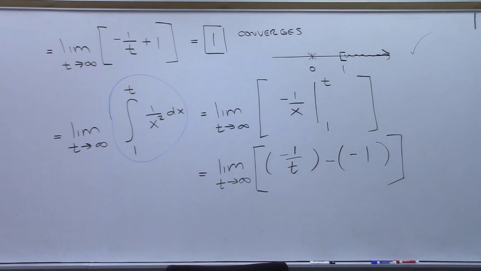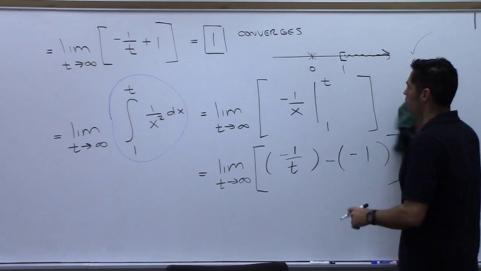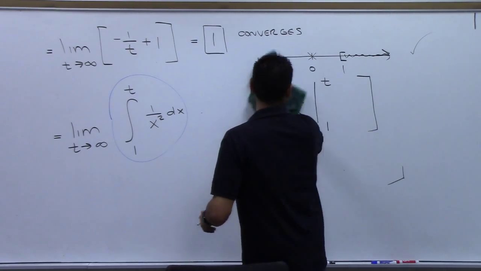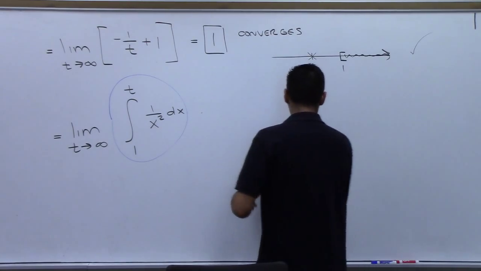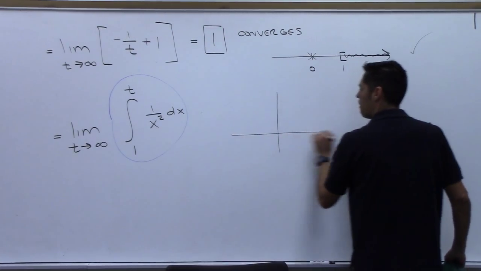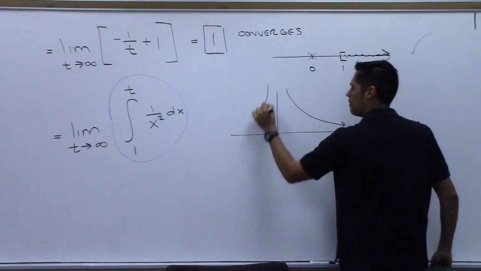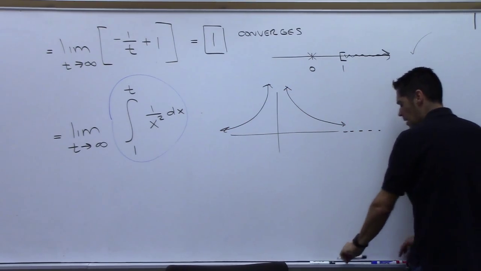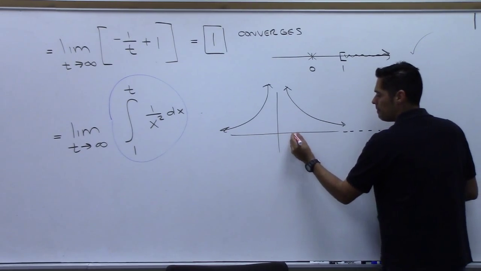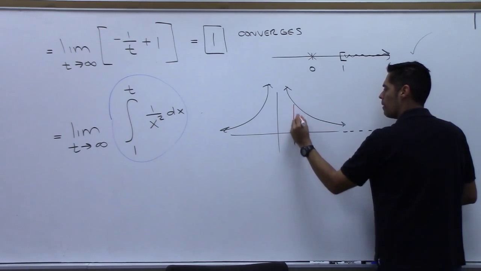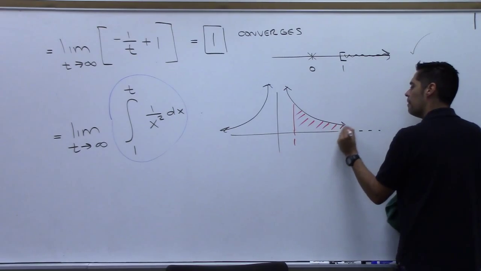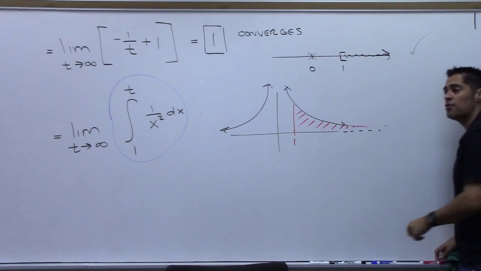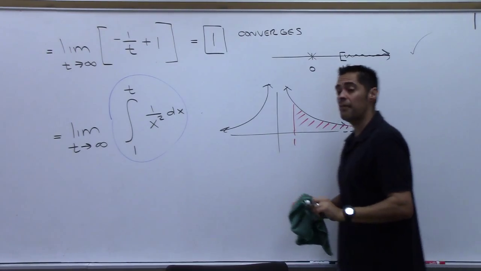That means that if we were to graph this, 1 over x squared, which I hope you know looks like this, if you were to start at 1 and start looking at this area forever, that area would converge to 1, which means that it's never going to be bigger than 1.